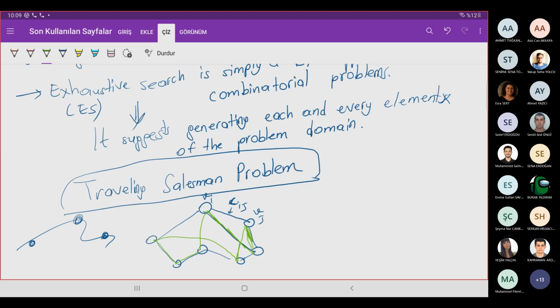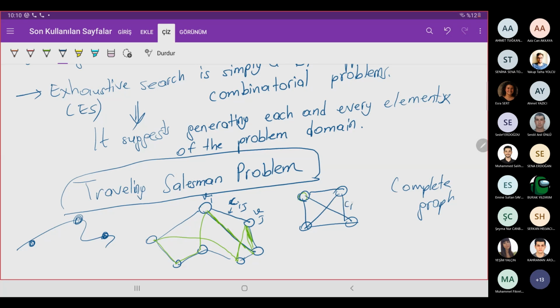Actually, we are given that I can go from one city to any city at any time. So that means, for example, with 4 cities or 4 vertices in a graph, these vertices represent cities. You can go from one vertex to any other vertex, okay?